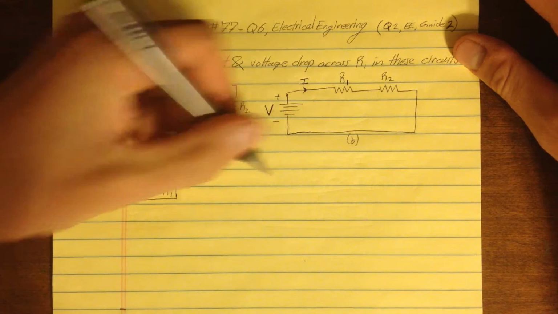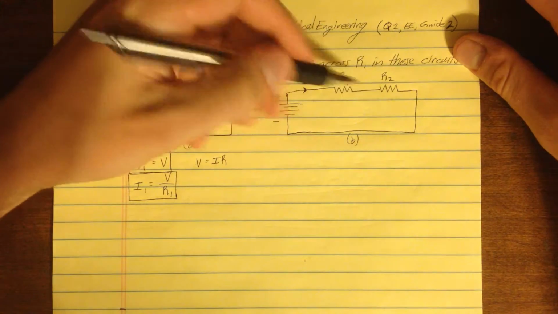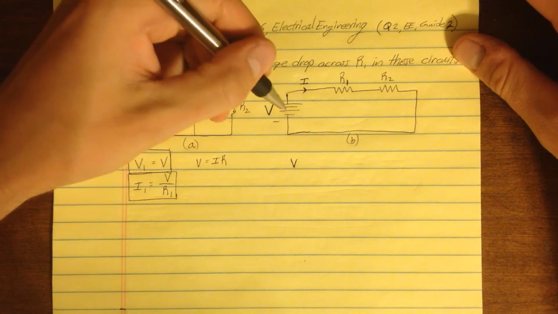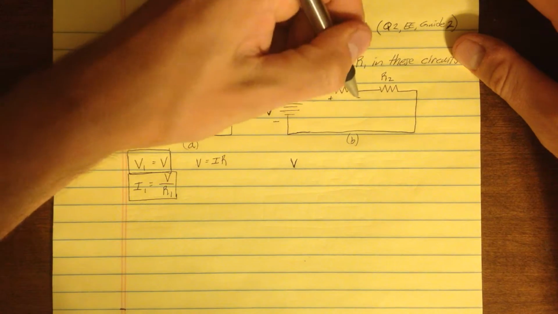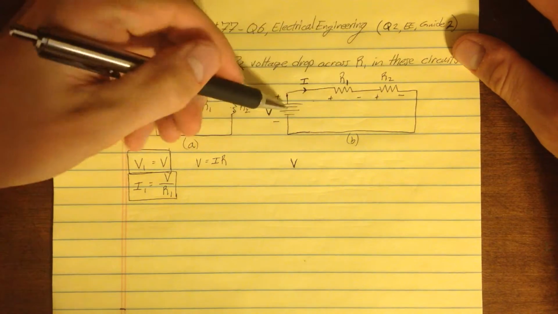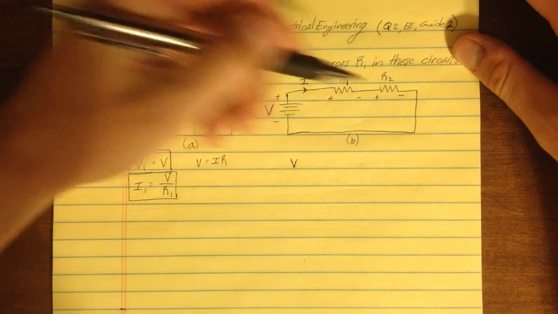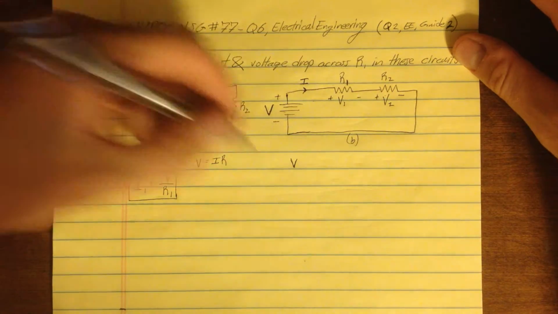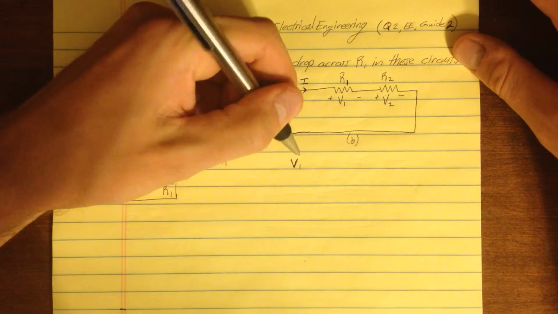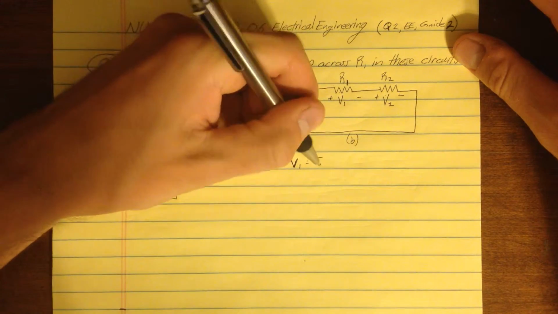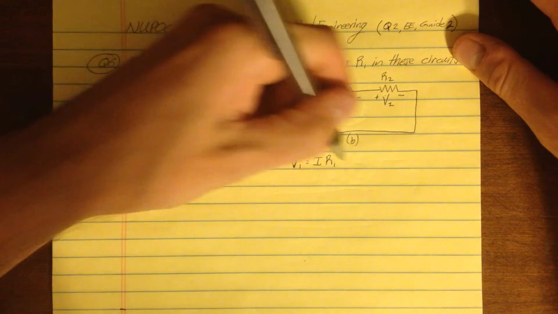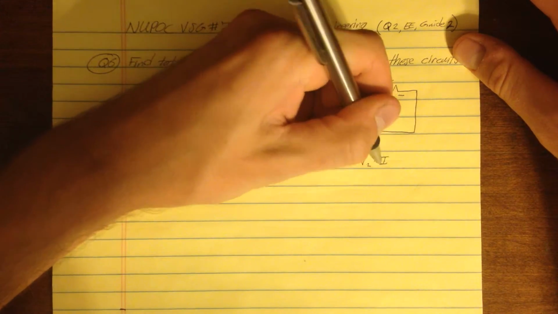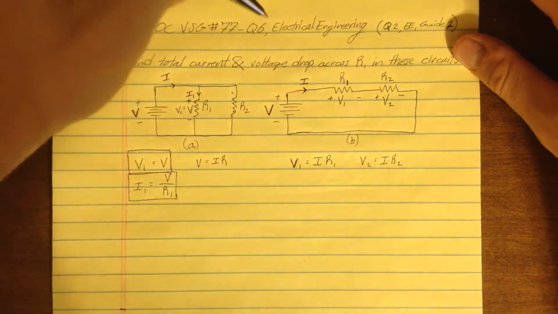Using V equals IR, since resistors add in series, the total voltage V has to equal the sum of the voltage drops across the two resistors, V1 and V2. V1 equals I, the current through the resistor, times R1, and V2 equals I, the same current, times R2.